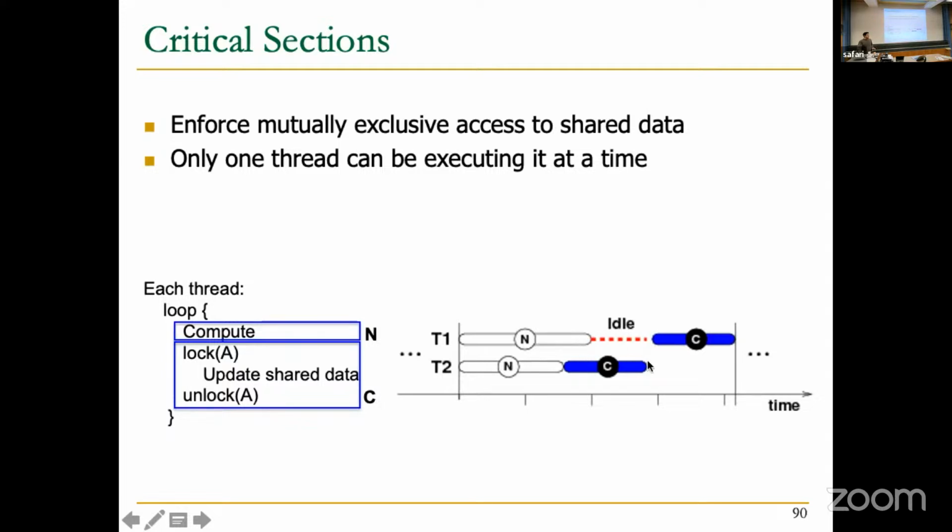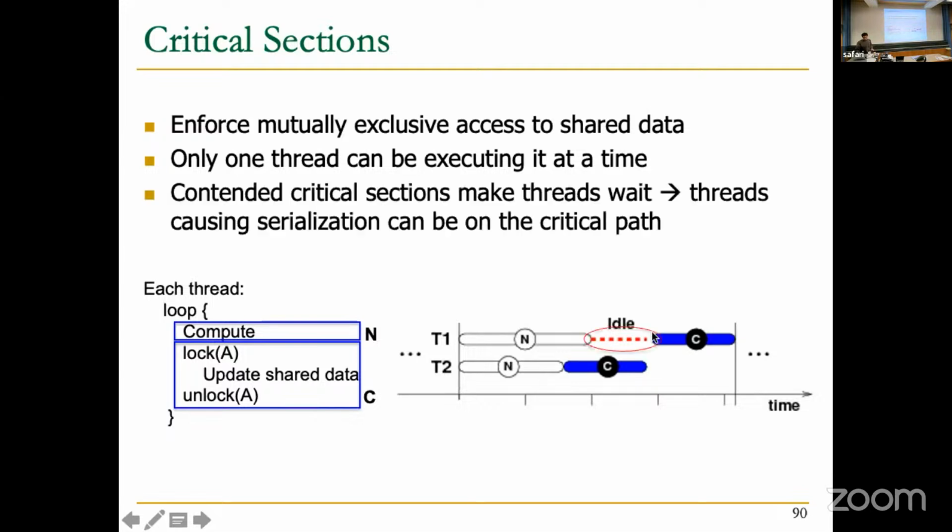The key idea is basically, if you know when thread 2 is executing this critical section, if you can somehow accelerate that, thread 1 will acquire the lock earlier, right? This is the key idea we're going to use. Contended critical sections, in this example critical section C, will make threads wait.